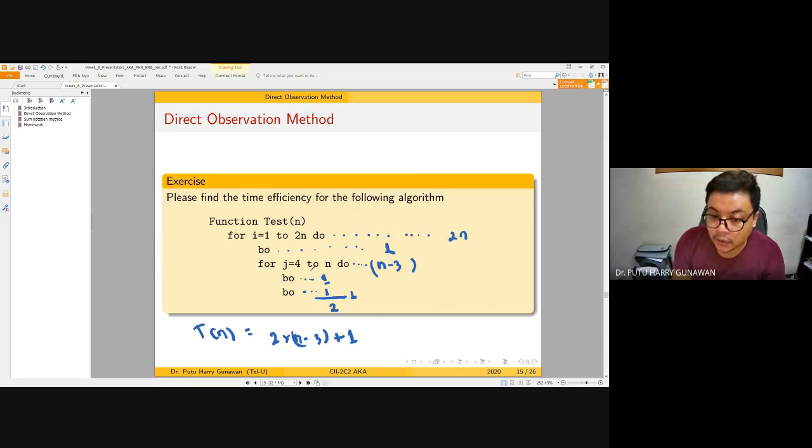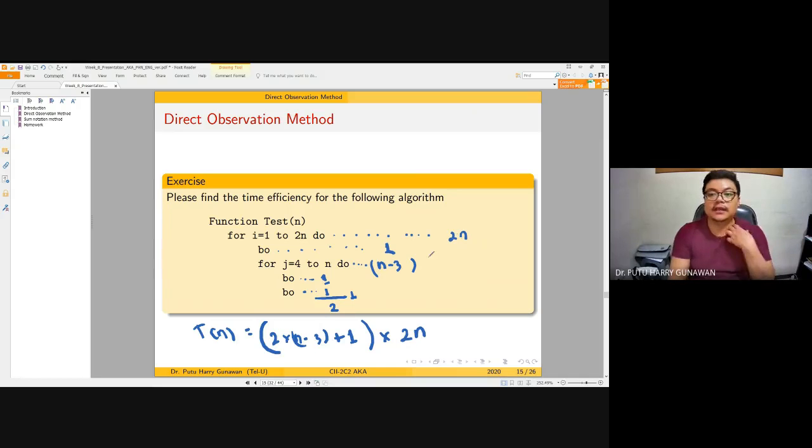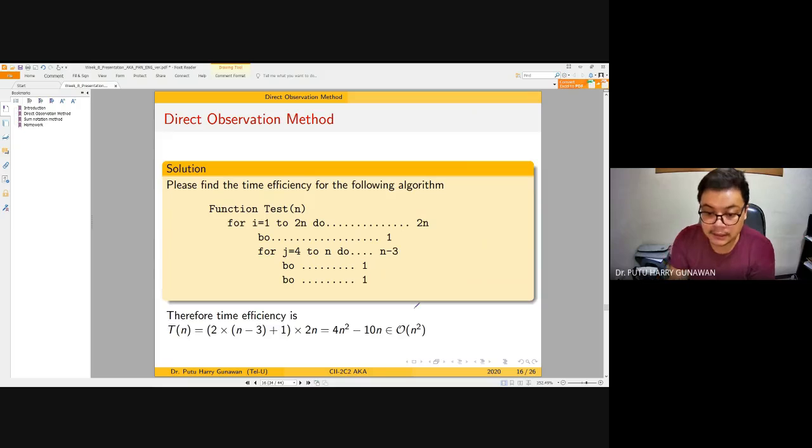And since all of this is inside the loop, it is all multiplied by 2n, since it is a different level. So that is the result. The result is that we find this is 4n squared minus 10n, which is in the big O of n squared. Okay, so this is actually very easy.